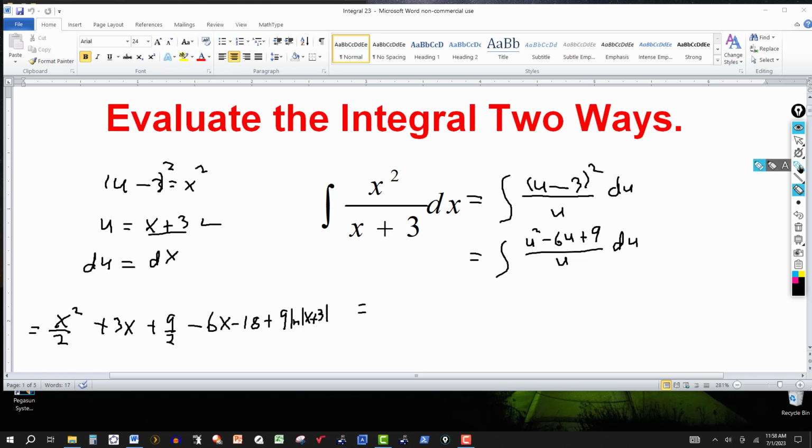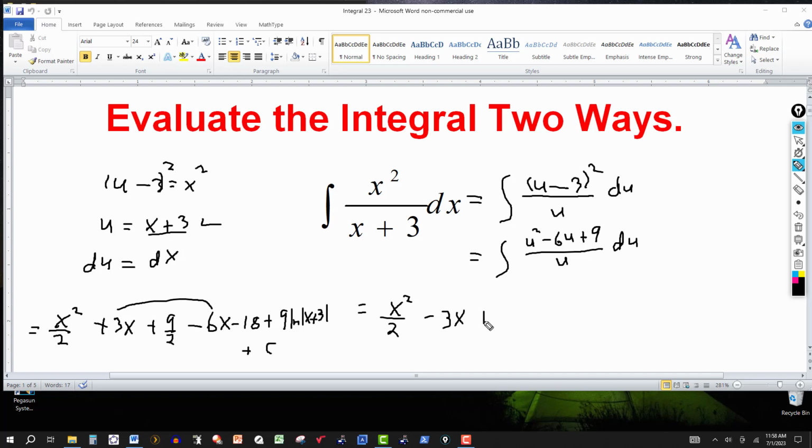But let's see what we have here. We have x squared over 2 as part of the answer. That's what we got using the other method. And then here we have a 3x and a minus 6x. That's a minus 3x. We got that term using the other method. Of course, here we have the constant of integration.